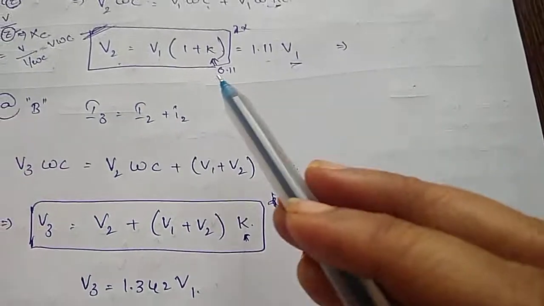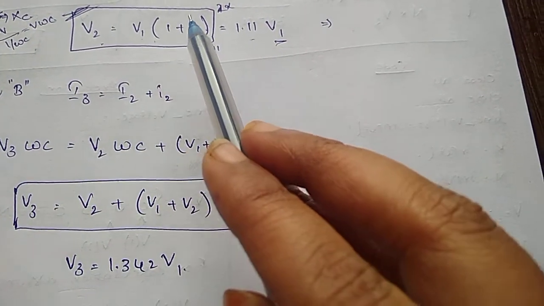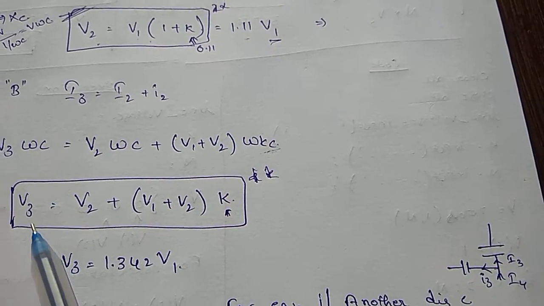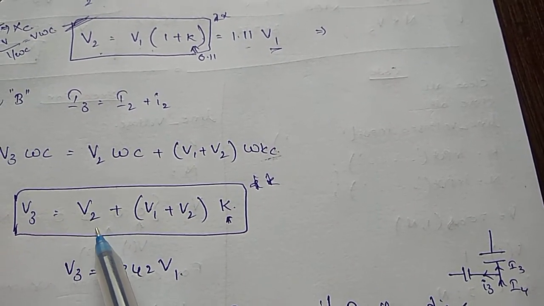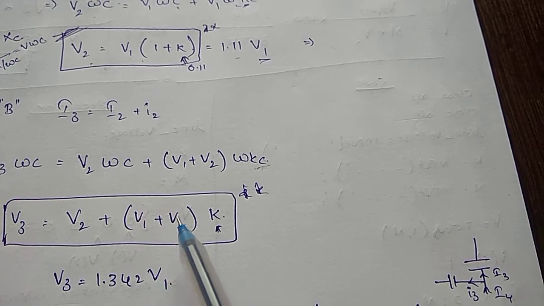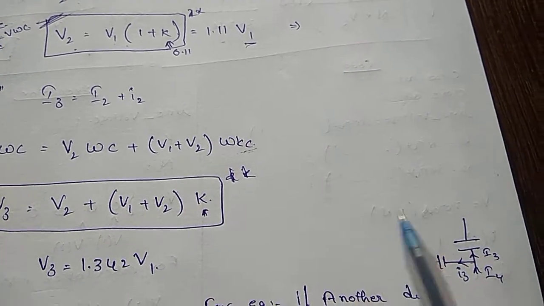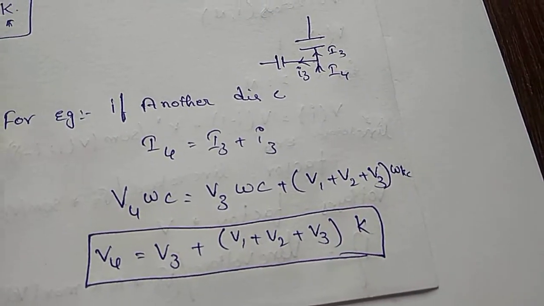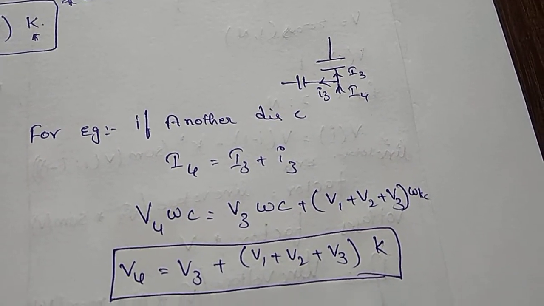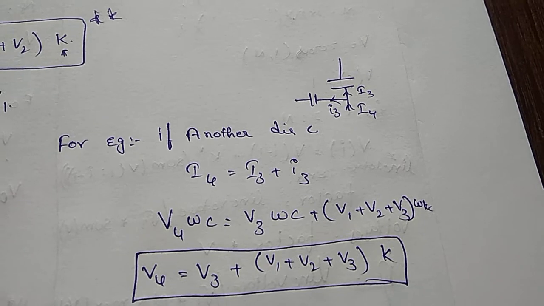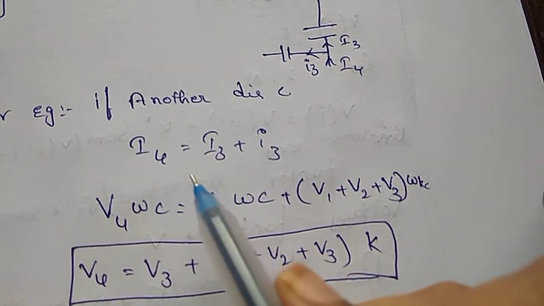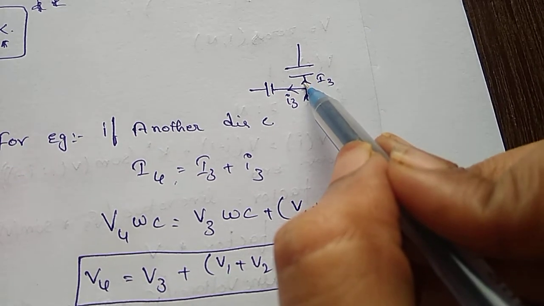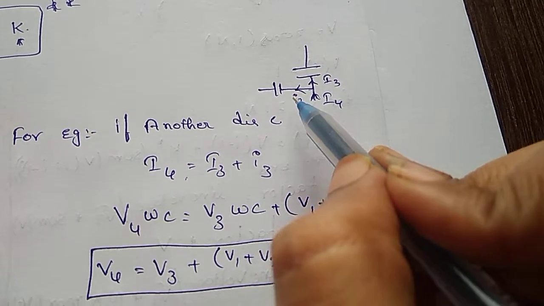So V2 is V1 plus V1K, and V3 is V2 plus (V1 plus V2) into K. For a small clarification, if I assume one more disc here, the entering current is I4 and the leaving currents are I3 and small i3.